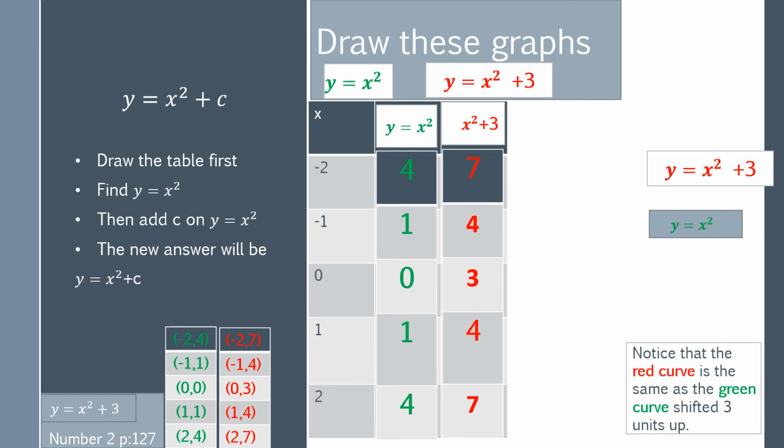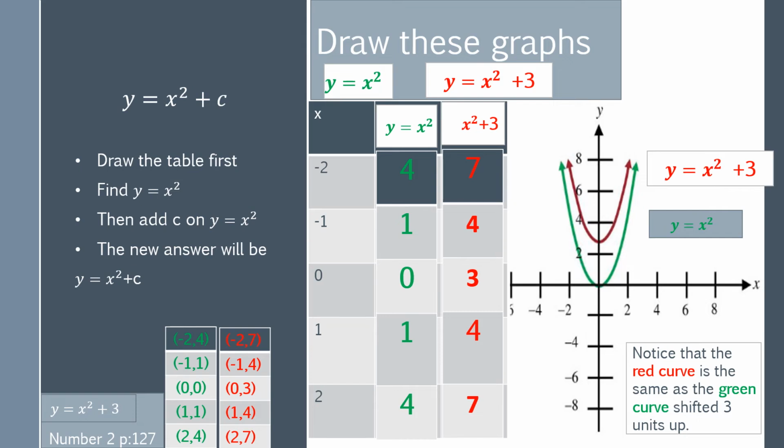We take the value of x and y to find the points. Now you plot them on the graph to get these. As you notice, if you want to describe these two graphs, the red curve is the same as the green curve, but it is shifted 3 units up.